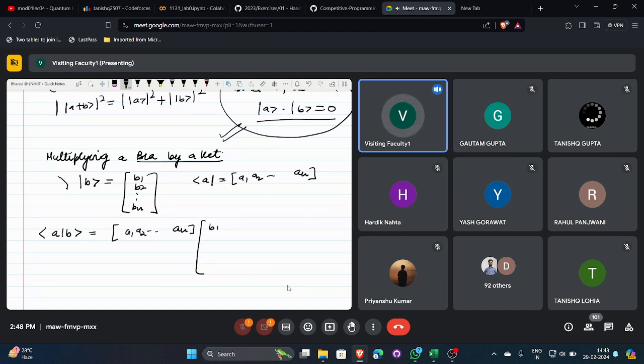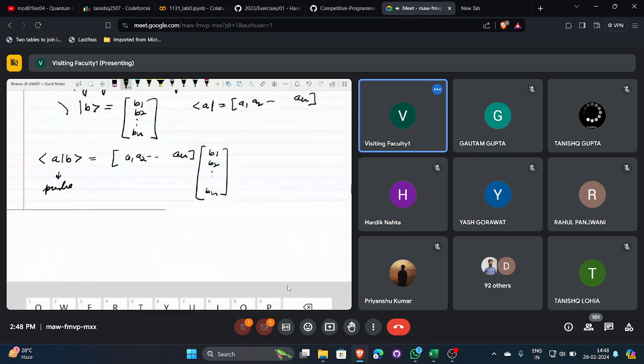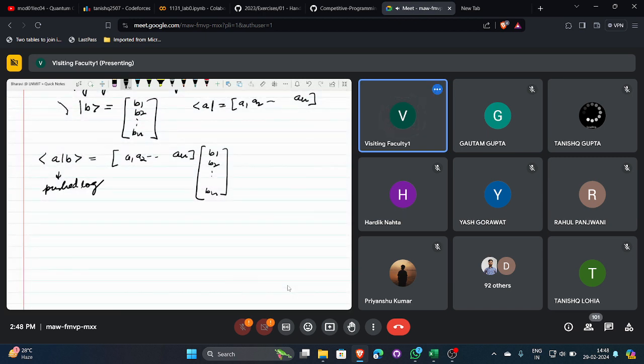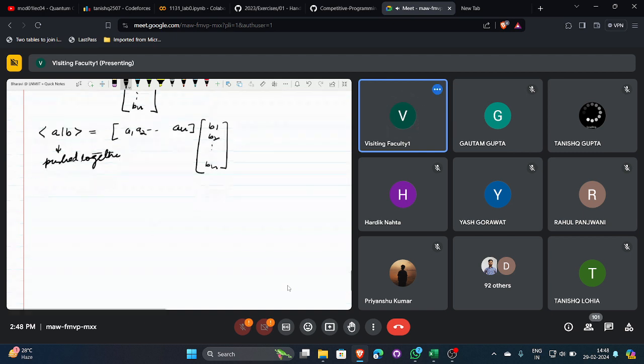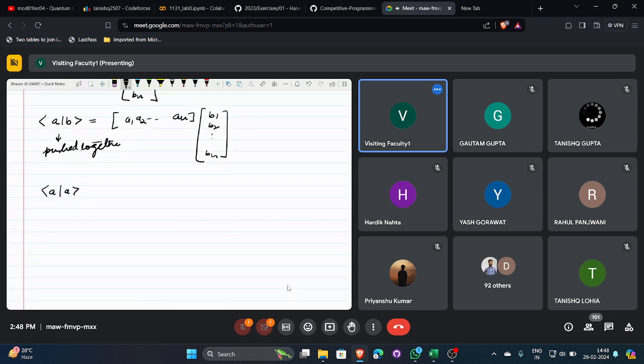You cannot write it in the reverse order, that you can understand also, that is not possible. Writing this together, we also call that they are pushed together. Clear? So when I write it like this with the same vector on both sides, now it will be equal to a1 square.